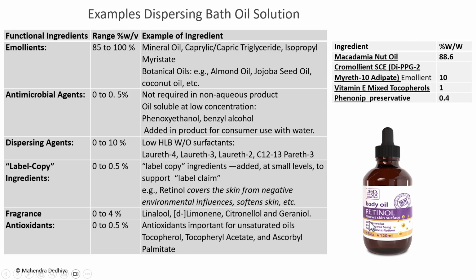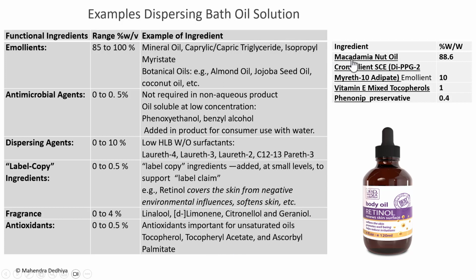The label claim: retinol renews the skin surface or softens the skin and helps reduce irritation. This is a label claim ingredient. Retinol is commonly used to support the label claim. In addition to that, fragrances are included in bath oil or body oil preparations. Antioxidants are important for unsaturated oil. Unsaturated oil will oxidize and become rancid and have a bad odor. Tocopherol, tocopherol acetate, ascorbyl palmitate are commonly used antioxidants.